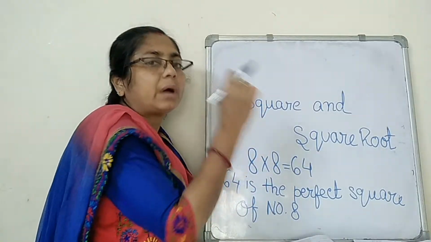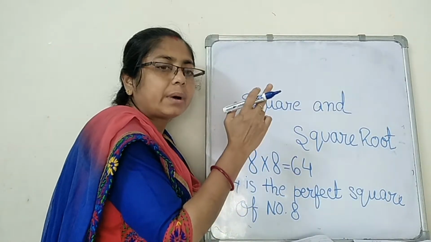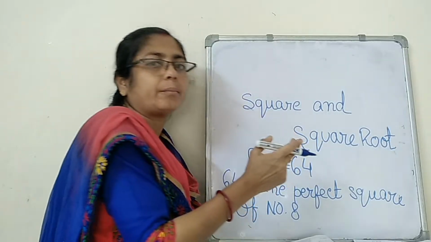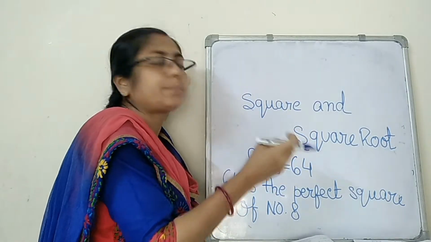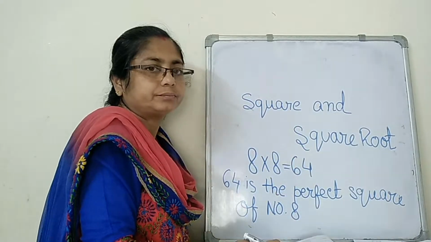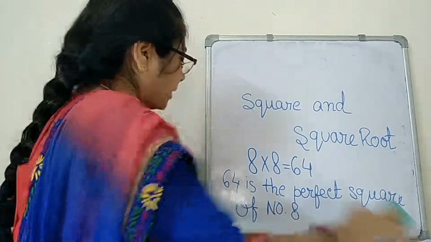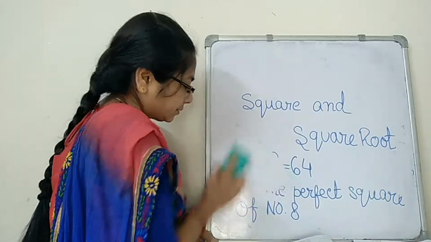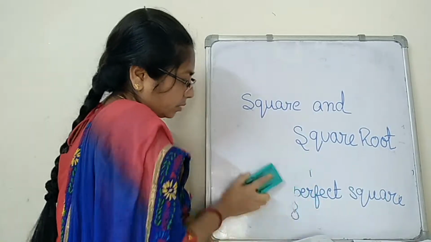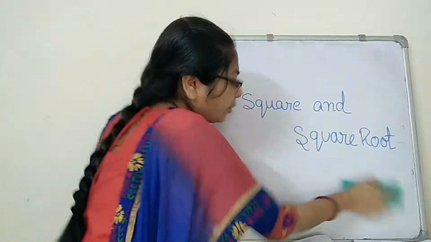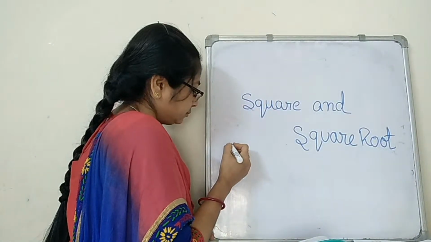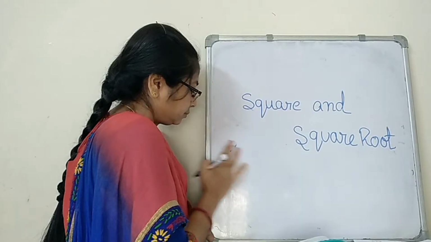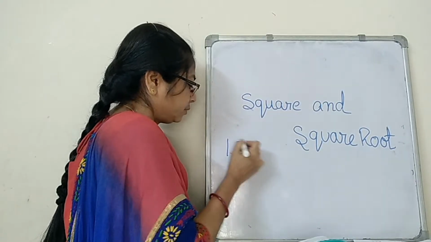One more time I tell. When we multiply a number with the same number, what is the result that comes? The product is a perfect square. Okay? Now I explain it with another number. Now you do. Suppose the number is 50.